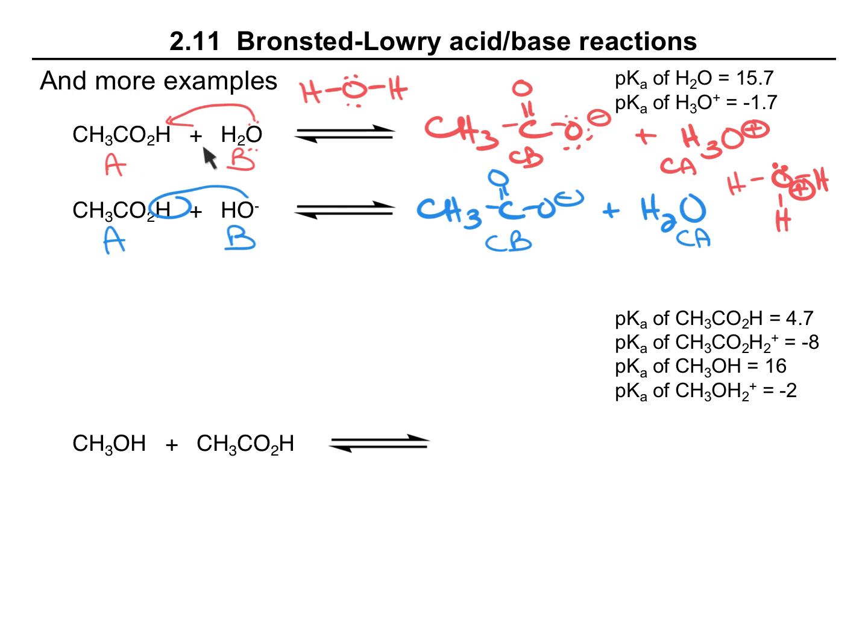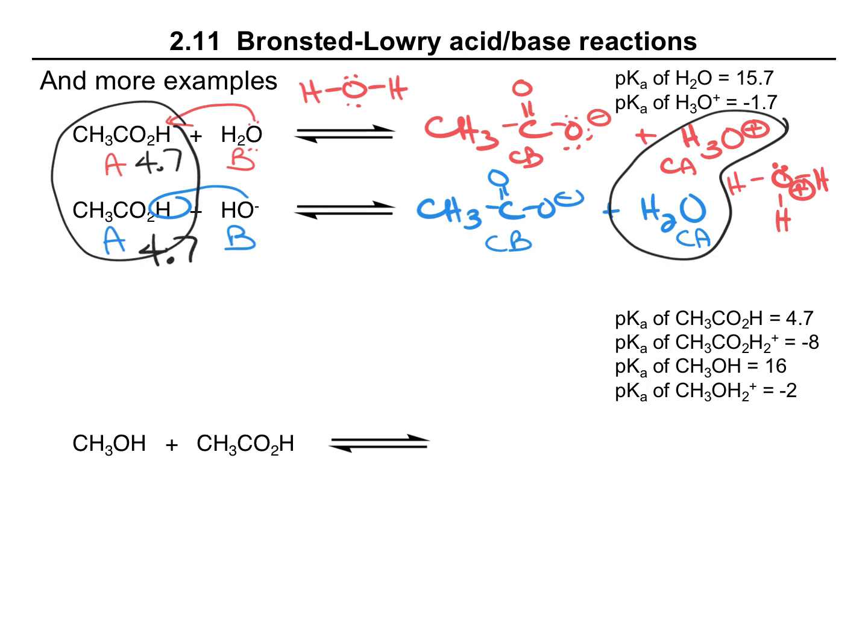So we can write out our reactions, but let's also think about the position of equilibrium. With the position of equilibrium, we want to focus on the pKa's of the acids. So we need this pKa value, and we need these pKa values. As we saw earlier, the pKa of acetic acid is 4.7.